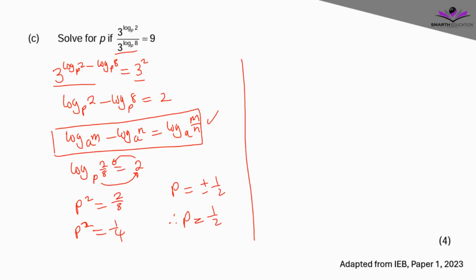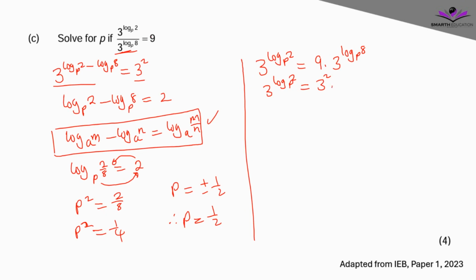The other way you could have done this was to say, let's multiply both sides by the denominator. Then 3 to the power log 2 to base p is equal to 9 times 3 to the power log 8 to base p. Right? So this is 3 to the power log 2 to base p is equal to 3 squared.